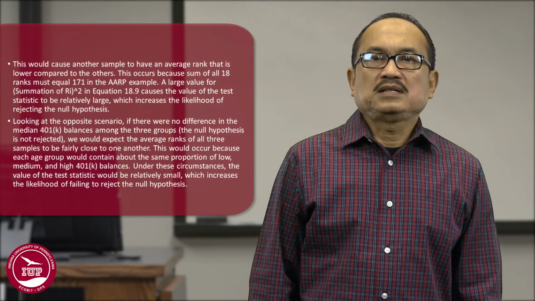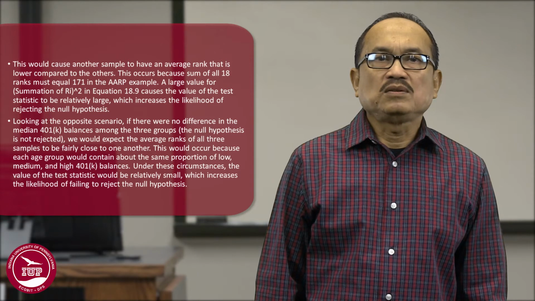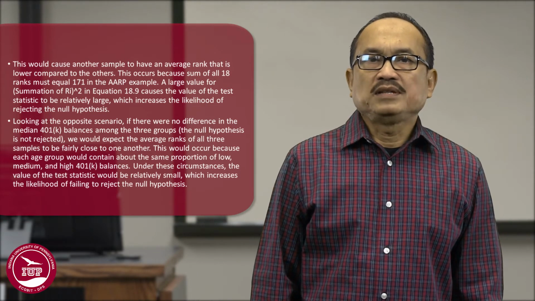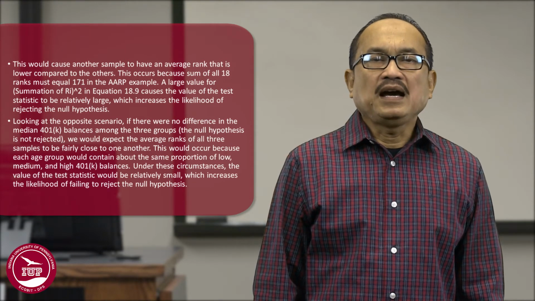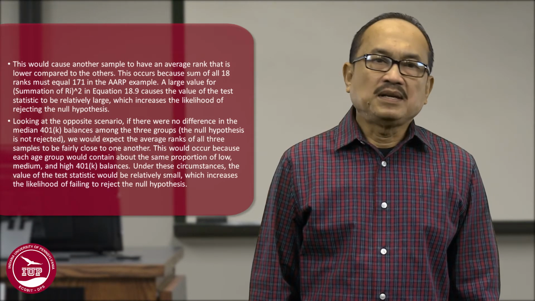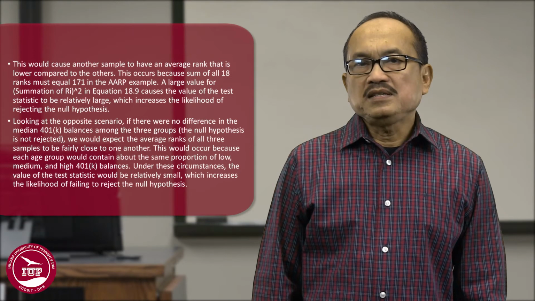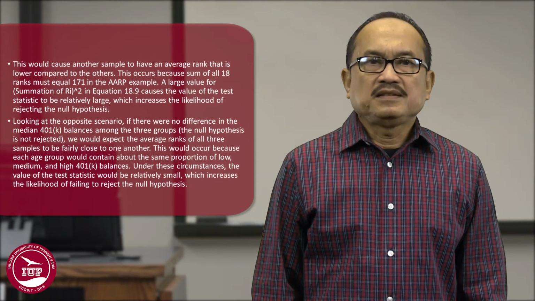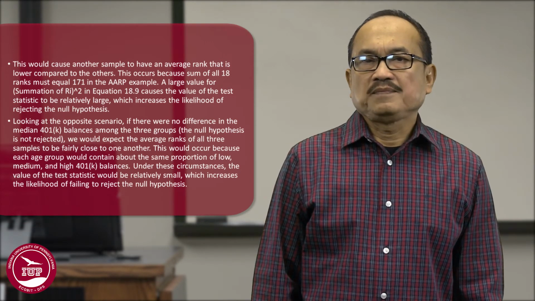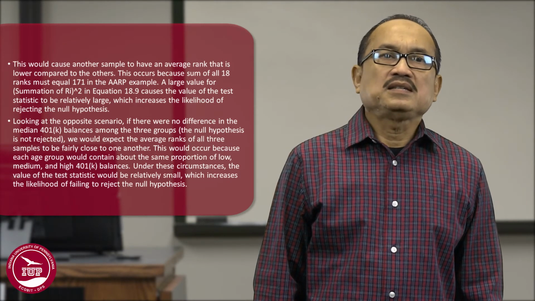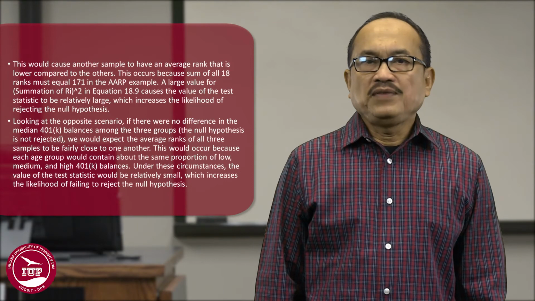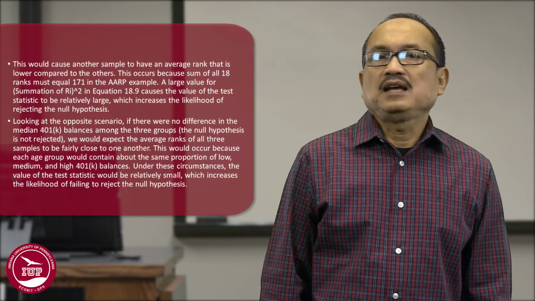This would occur because each group would contain about the same proportion of low, medium, and high 401k balances. Under these circumstances, the value of the test statistic would be relatively small, which increases the likelihood of failing to reject the null hypothesis.